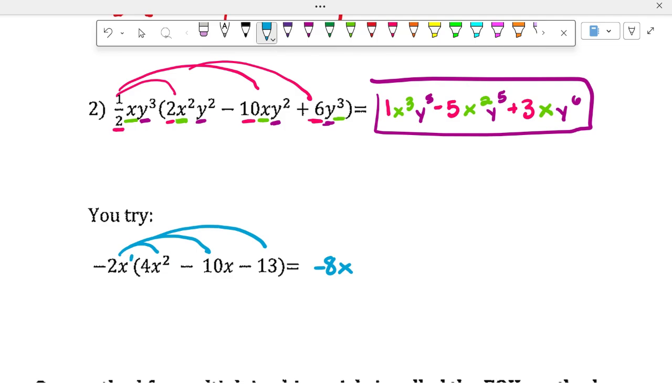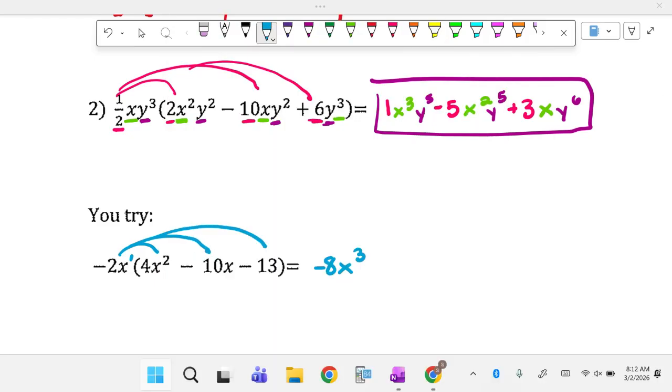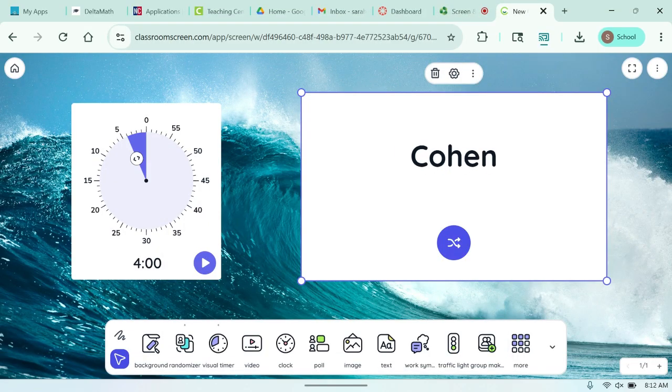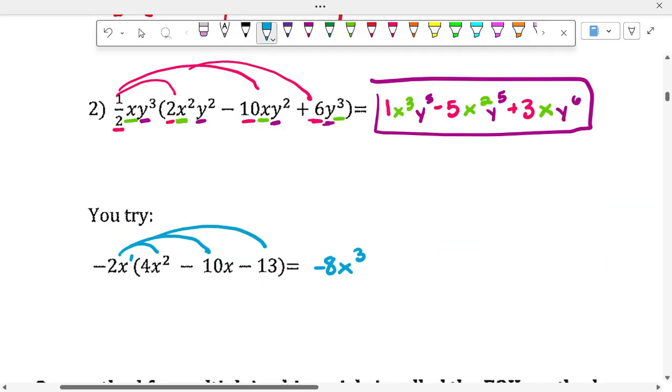Remember, add the exponents. Cubed. Good. All right, let's go with Cohen. Negative 2x times negative 10x. Not negative 20. Positive 20 what? X squared. Good.